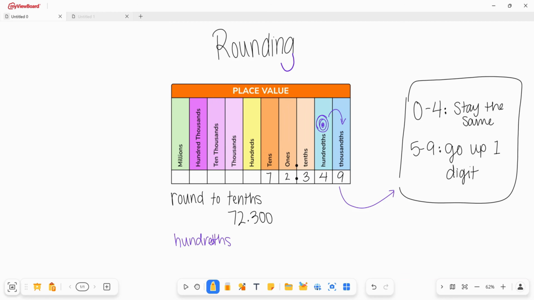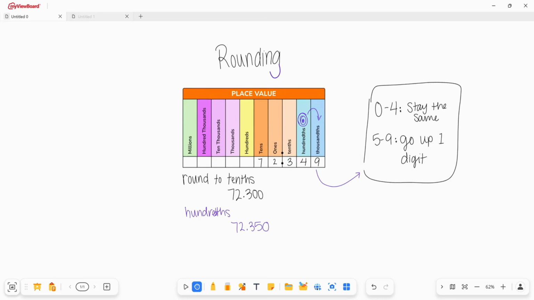Well, it's a 9. So that means my target number is actually going to go up 1 digit. Everything before my target number stays the same. My target digit changes and everything behind it. So then I would have 72.35 because I go up a digit from 4. And then again, everything that follows, whatever you change, whether it stays the same or goes up, gets zeroed out.